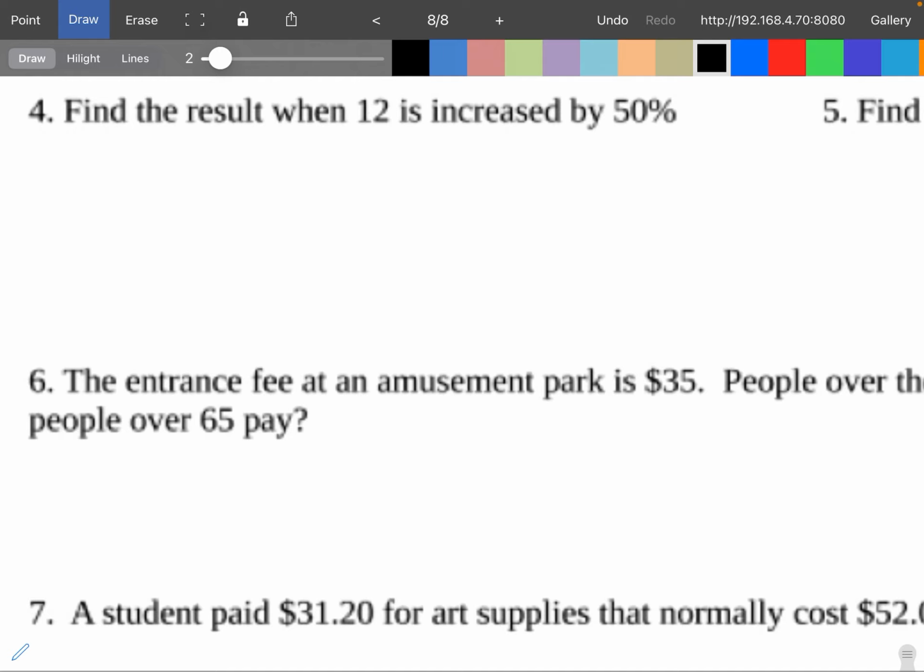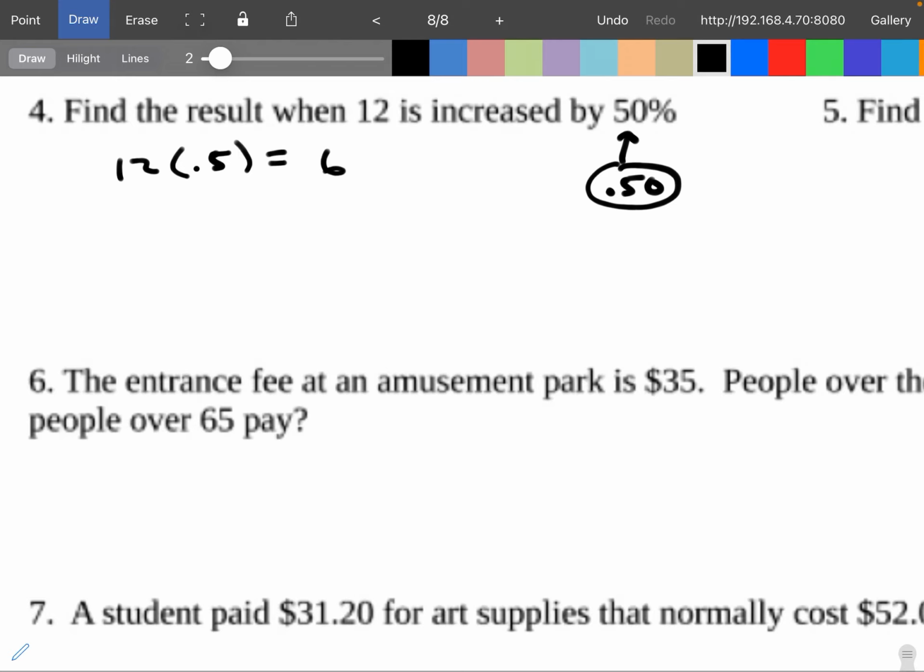So here's 4. All we're going to do is find 50% of 12 and then add it on to 12. So what is 50% as a decimal? That would be 0.50 or just 0.5, right? You've got to remember, when you do these problems, you're still changing the percents into decimals. So 50% is 0.5. To get 50% of 12, we're just going to do 12 times 0.5.